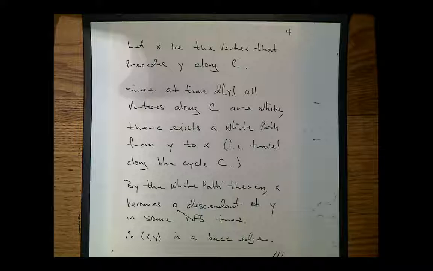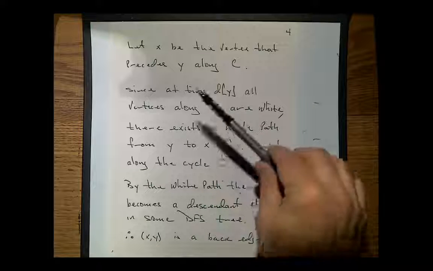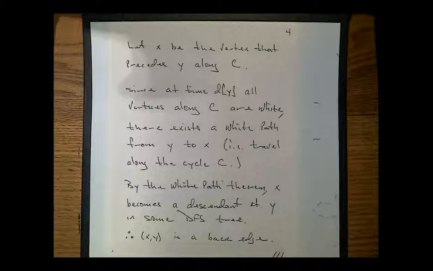And don't just stare at the picture and say, yeah, I understand that, and then walk away. I mean, the picture is not the proof, right? You need to say everything that is being said here. In particular, it needs to be clear from your proof when you write it that you know what the white path theorem says.